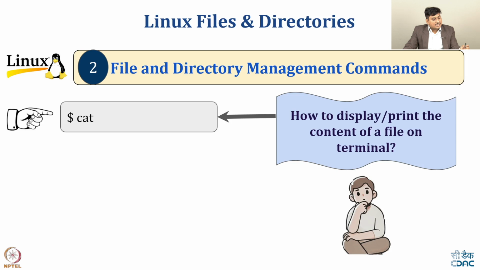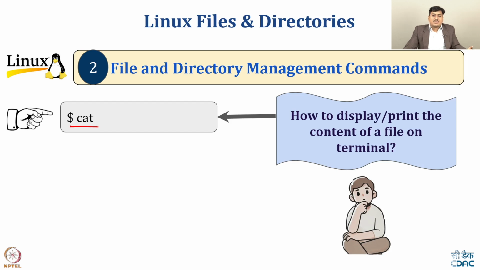There is a command called cat. This command helps to see the content quickly on the terminal itself, and it is another way to create a file and put data into it. We will see that aspect as well.